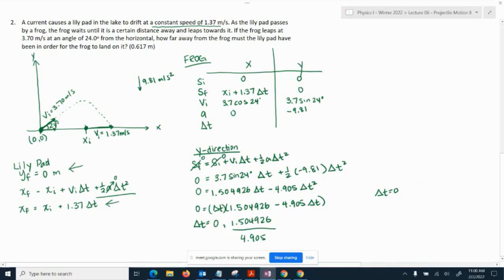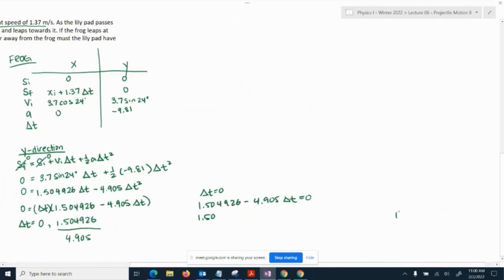My second bracket is 1.504926 minus 4.905 delta t equals 0. So I can solve for delta t. I'll bring the second term to the right side of the equal sign, and then I can divide both sides by 4.905.